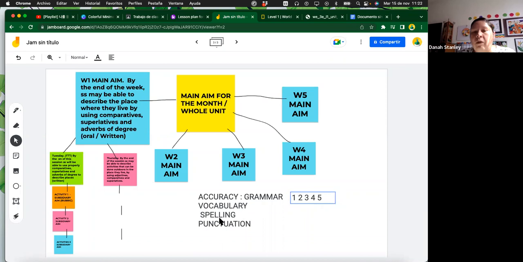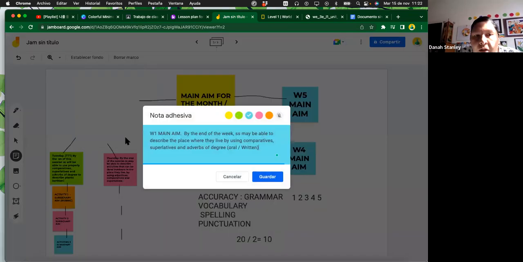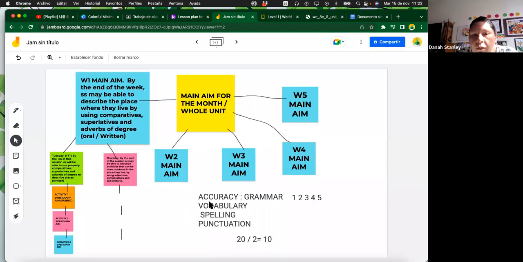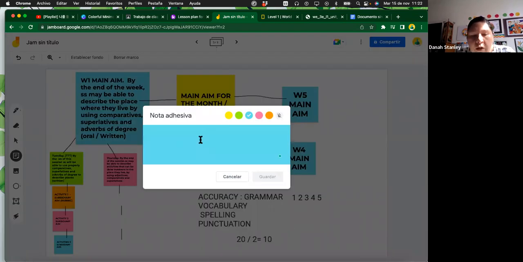In total 20. Hago la suma y lo divido entre 2. Ya es más fácil sacar el promedio. And they know exactly what you are looking for as part of this kind of activity. You are going to evaluate by using this.